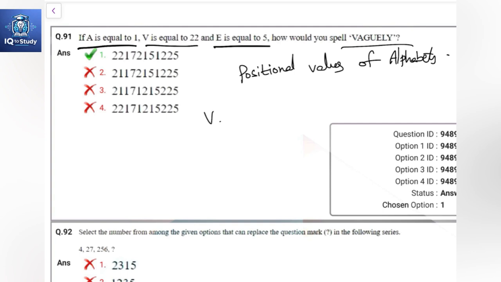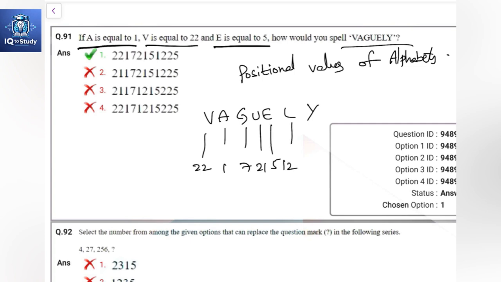So clearly, vaguely is written as the positional value of V is 22, A is 1, G is 7, U is 21, E is 5, L is 12 and Y is 25. So the answer is 22172151225, which is option number 1.